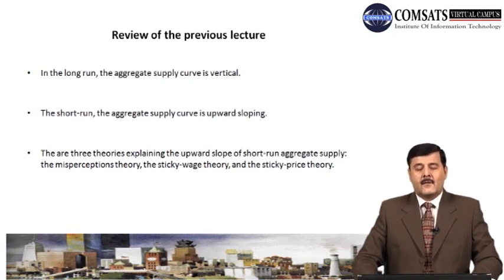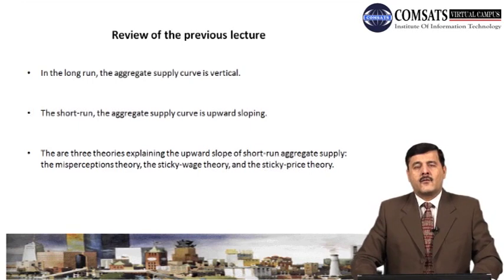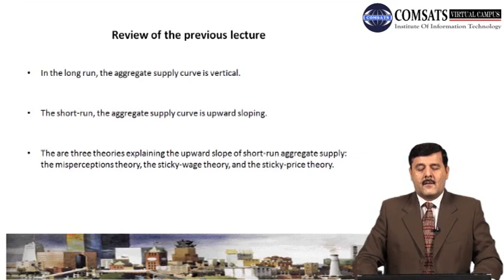There are theories that we have discussed in the last two lectures that can explain the downward slope of the aggregate demand curve. Those three theories are the misperception theory, the sticky wage theory, and the sticky price theory. Because of these theories, we can say that the aggregate demand curve is downward sloping.